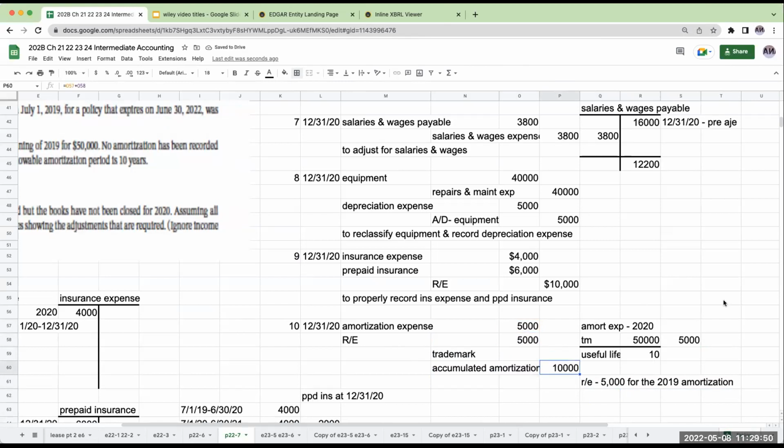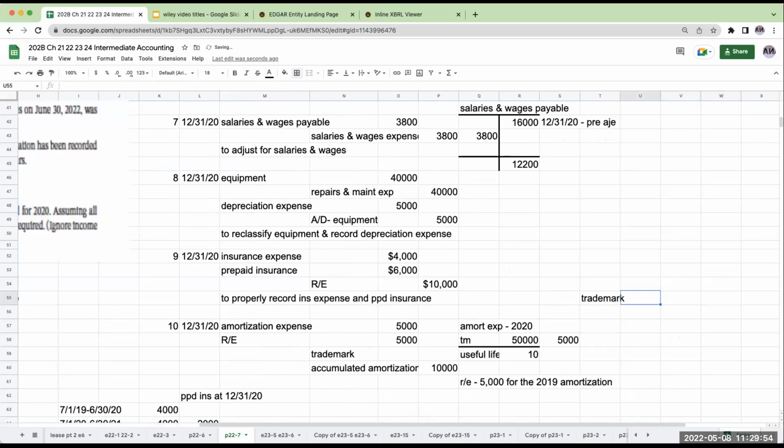Now, if we look at this, the trademark had a value of 50 less my accumulated amortization. This over here would be a 10,000 credit. So my trademark net is going to be at 40,000. So that's how we go through and record amortization expense.